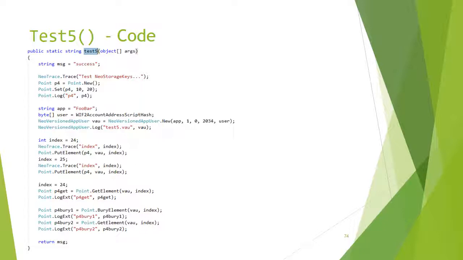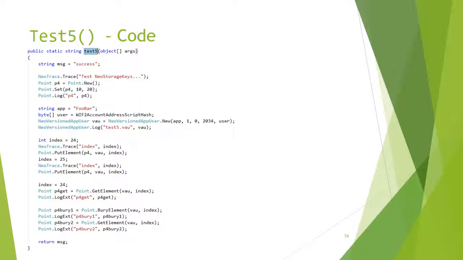So down here where we see index equals 24, just below that, we're going to put index equals 24 out into the trace, and then we're going to take the point P4 that we created above, and the versioned app user object we created above, and that index of 24, and we're going to put that out into storage.